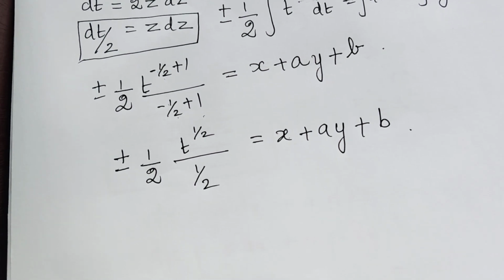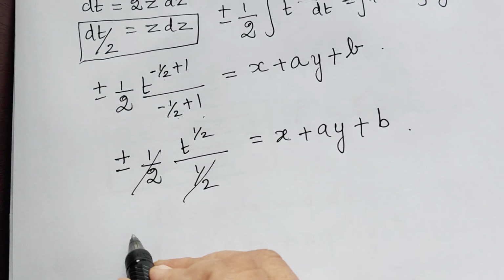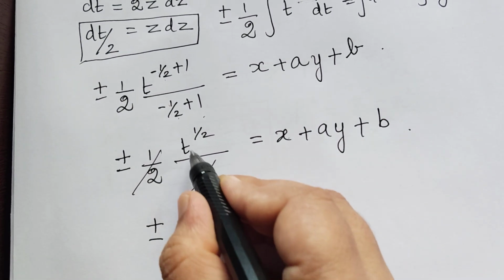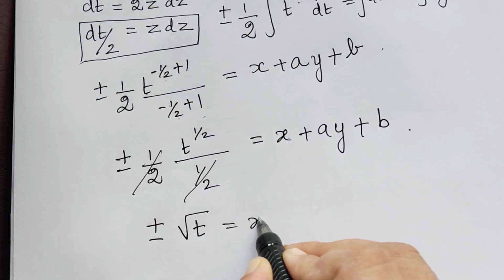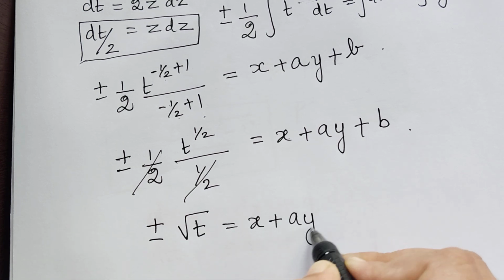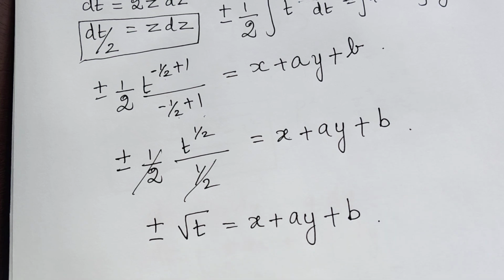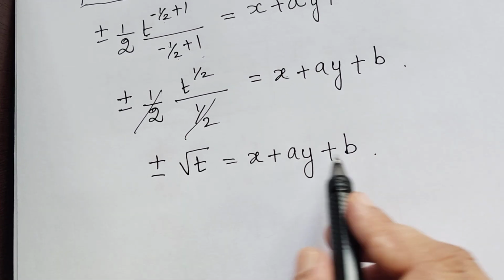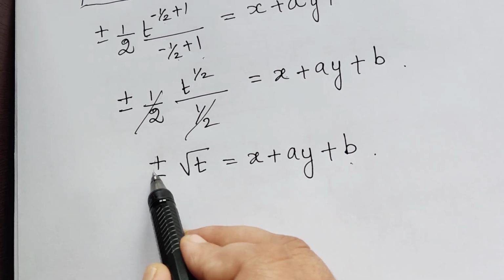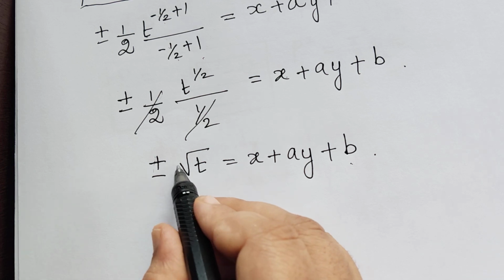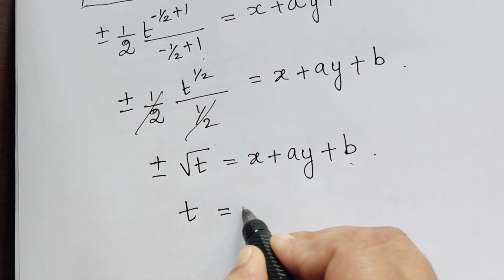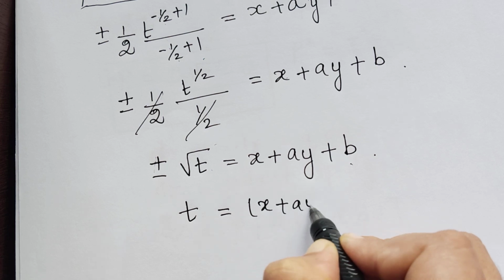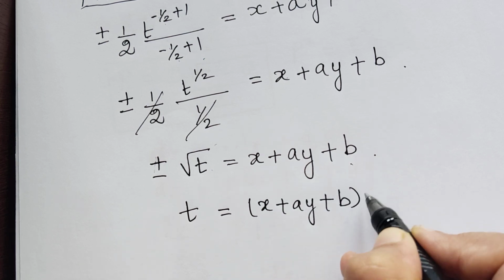Now we can cancel this 1 by 2 and 1 by 2, and so we get plus or minus t to the power 1 by 2, which can be written as square root of t, is equal to x plus ay plus b. Now squaring on both the sides, we will get rid of this plus or minus, and square root of t will be t only, equal to x plus ay plus b the whole square.